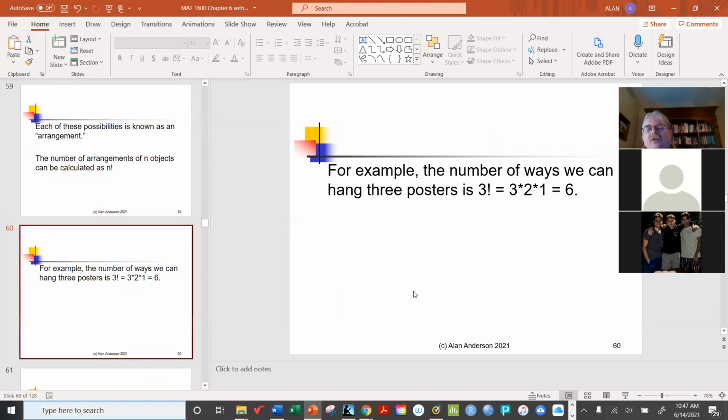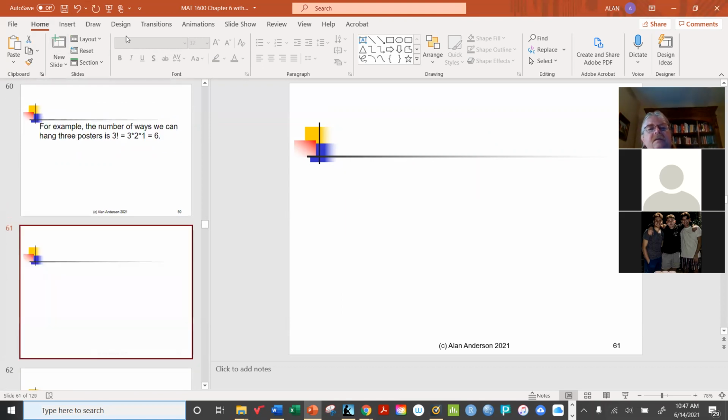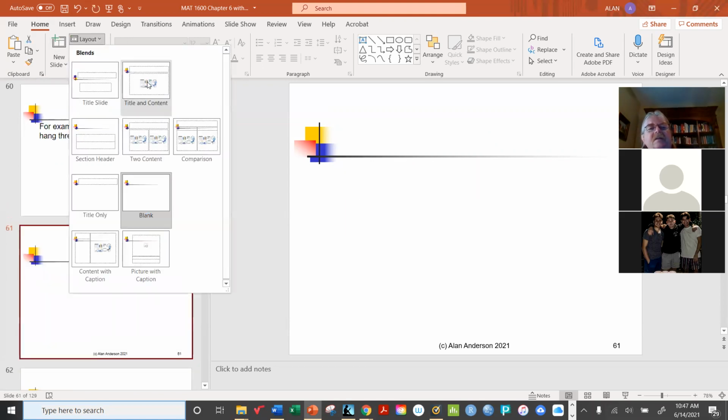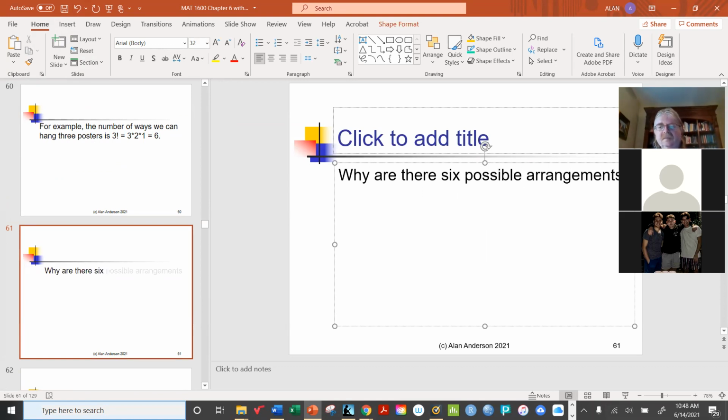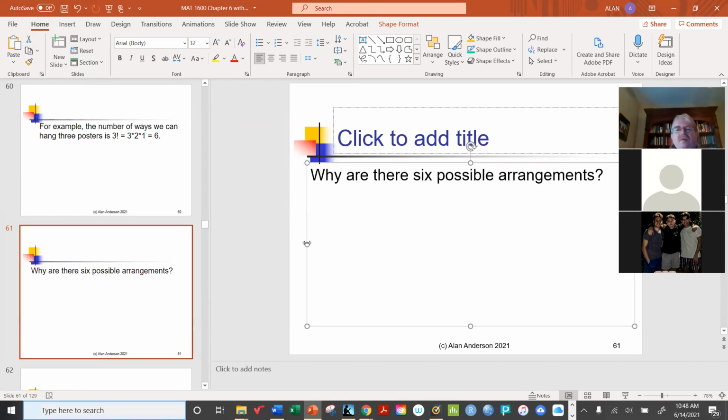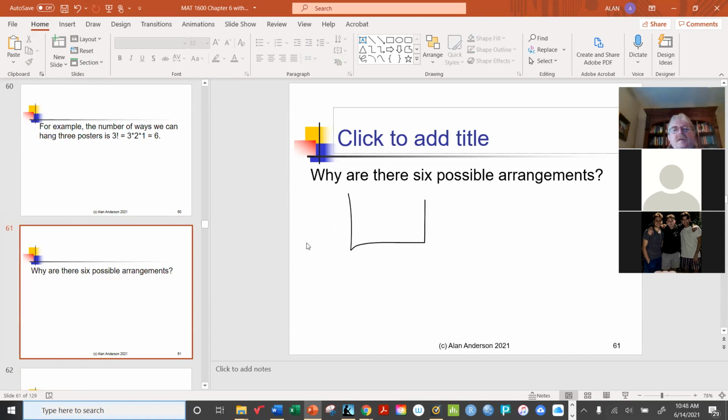Now, let me just quickly show you why this is happening. All right, well, think about it this way. Why are there 6 possible arrangements? Well, the way you have to look at it is when you choose the first poster, you have 3 options.